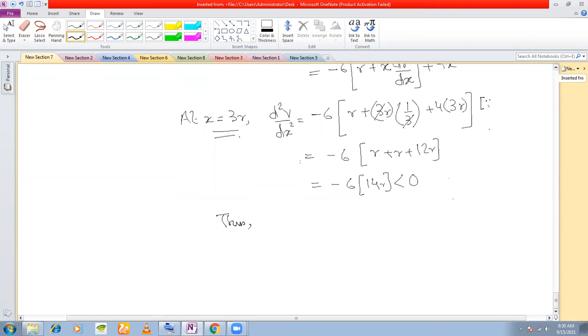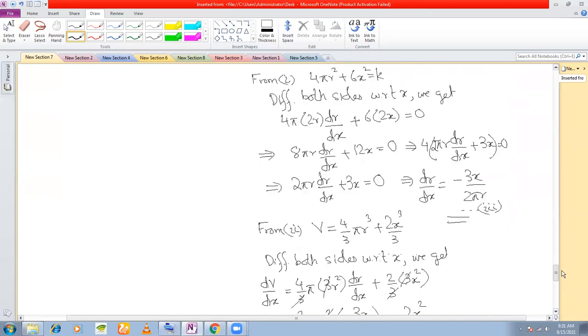Since x is equal to 3r implies r is equal to x by 3, which means dr dx is equal to 1/3. Okay. Thus V has a point of local minima at x is equal to 3r.